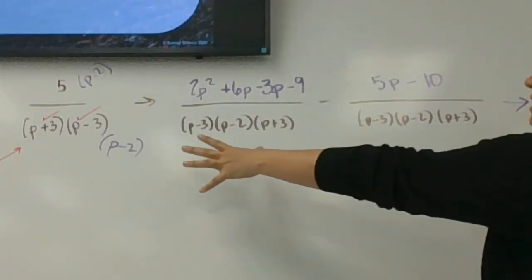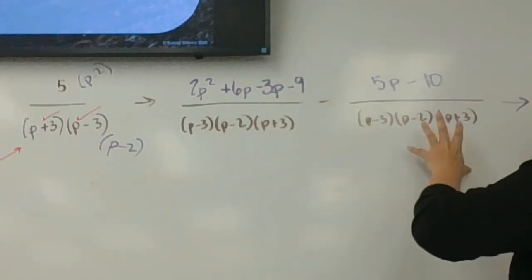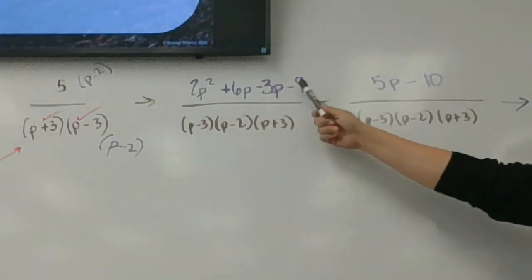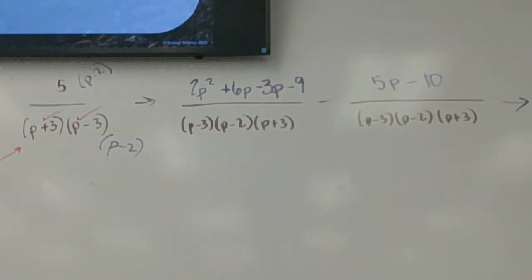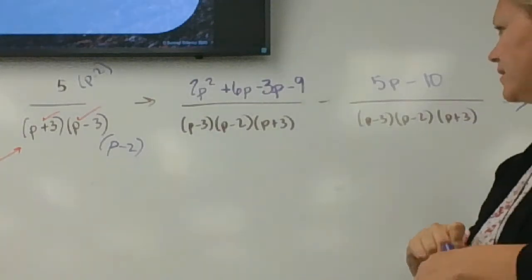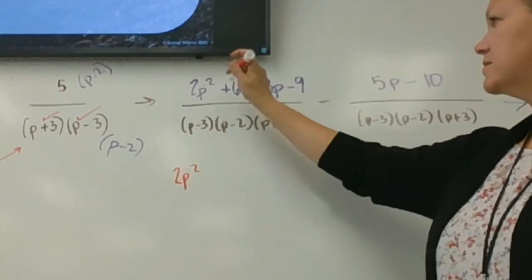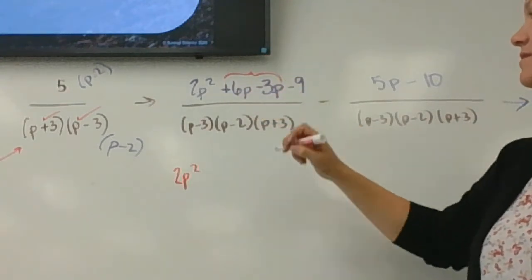What was missing in this one is now a part of it, and what was missing in the second one is now a part of it. So once you get common denominators, you can combine the top. So I'm going to write it as one big fraction. Let's go ahead and combine these like terms.